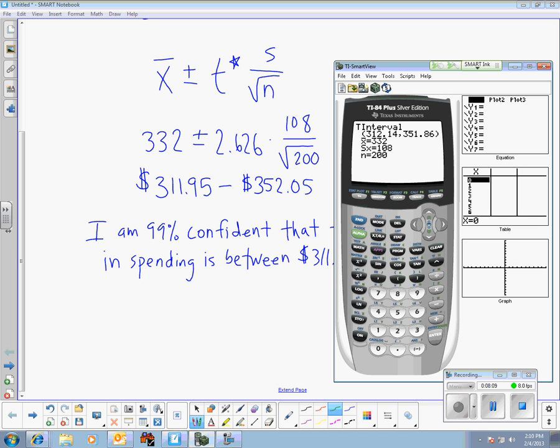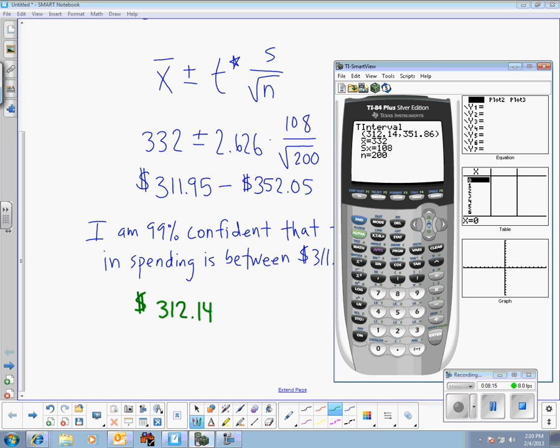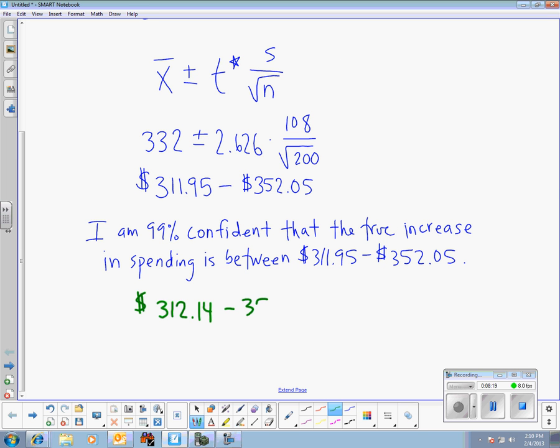It goes from 312.14 to 351.86. And you can see, even in skipping 99 degrees of freedom, we moved 19 cents on the lower end and 19 cents on the upper end. So that difference, this 2.626, cost us 19 cents in our interval.